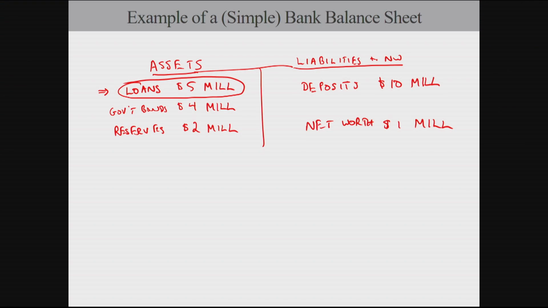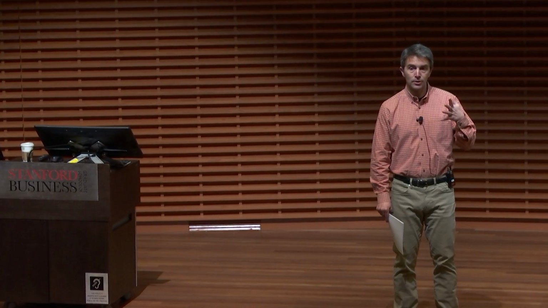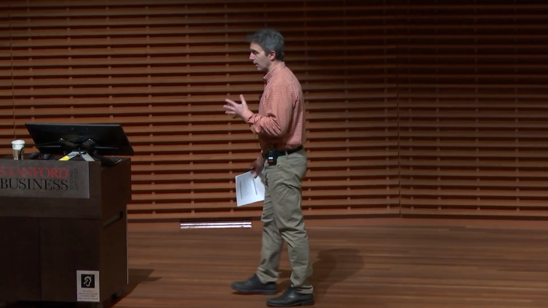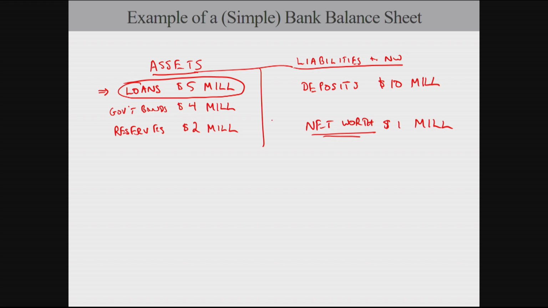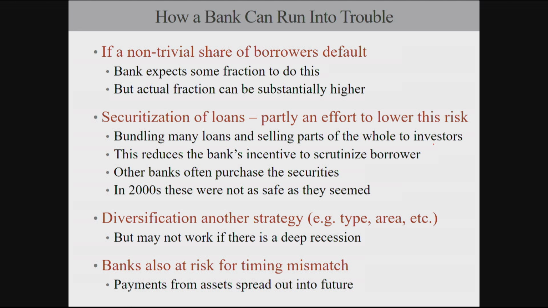And so a number of banks saw that their net worth, which had been, let's say, healthy in 2006 and early 2007, started to decline as the Great Recession and financial crisis began, because the value of a key component of their assets, mortgages, was plummeting. Okay? So this gives an example of how a bank can run into trouble.